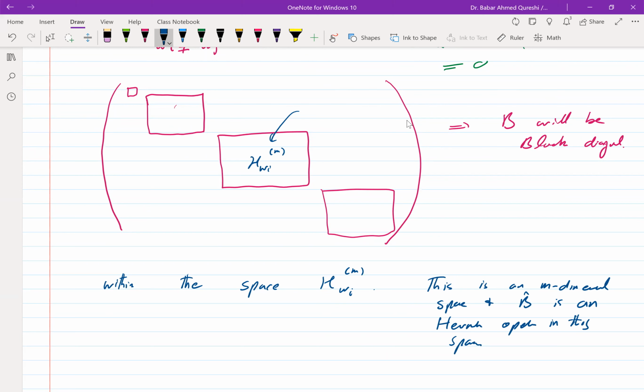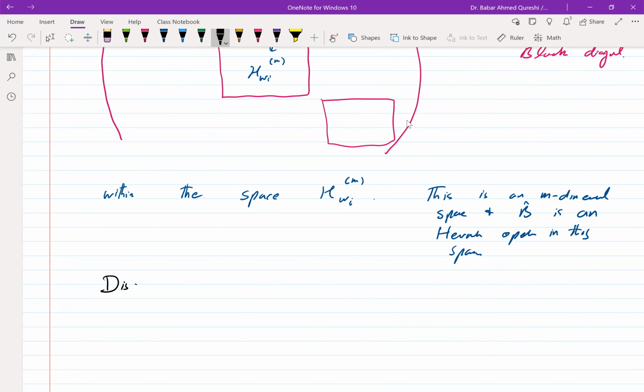So by our original theorem, a subspace is a space in all its glory. It doesn't miss any definition of space, so all theorems apply to subspaces. Within this subspace, B is a Hermitian operator, so by our original theorem I can find a basis of this subspace which consists of the eigenvectors of B and in which B is diagonal.